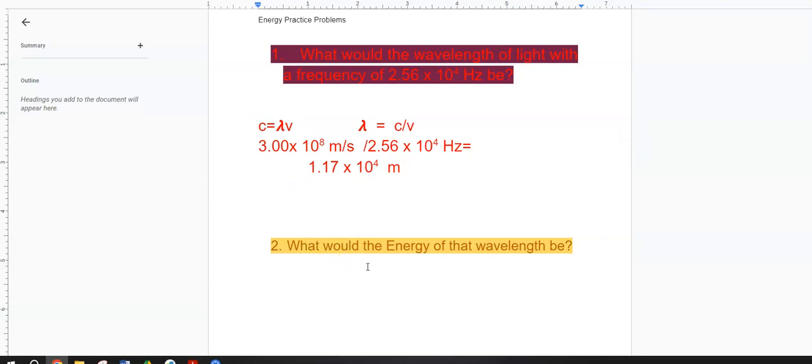The other formula we're using is E, energy, equals h, which stands for, that's right, Planck's constant, times nu, which stands for, that's right, frequency. So I'm going to go back and just get my frequency from up here.